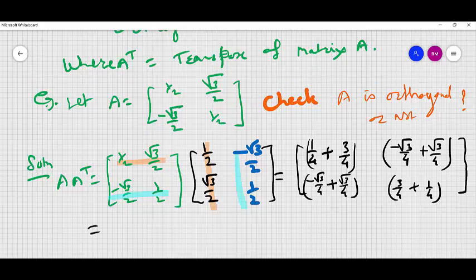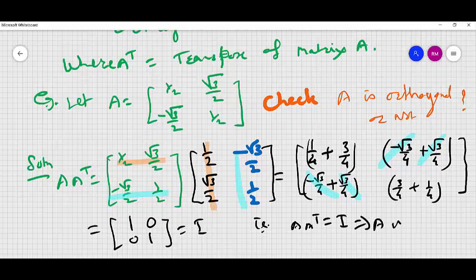So if you simplify this one, 1 by 4 plus 3 by 4, so 4 by 4, that means 1. This gets cancelled. Here also it gets cancelled. So only here 0 and 0. Here remains 3 by 4 plus 1 by 4, that is 1. That is equal to identity matrix. So in short, A into A transpose equal to I. So this implies A is orthogonal matrix.